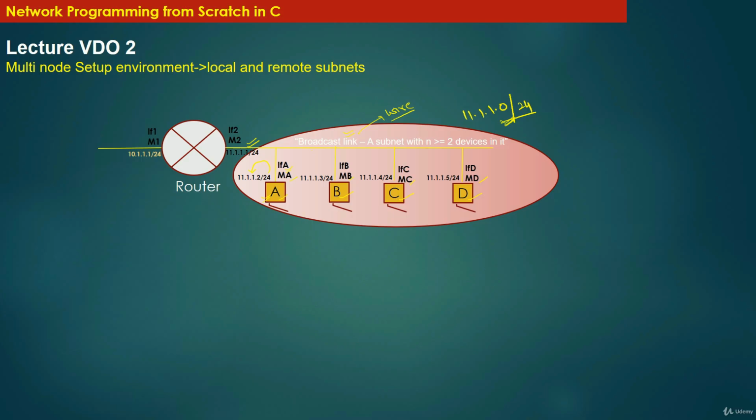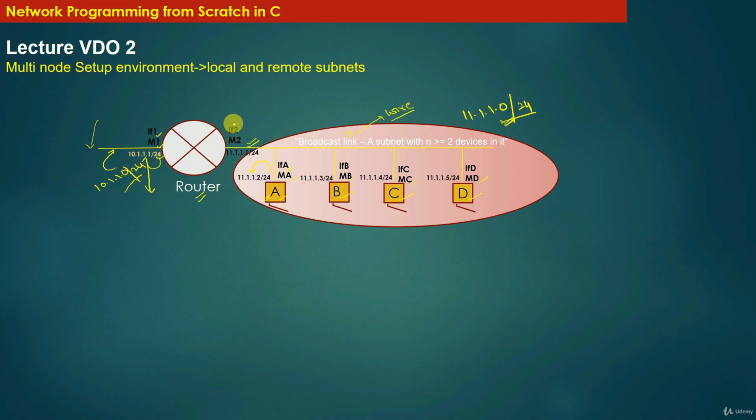Is there any other subnet in this diagram? Yes, the other subnet is this. I have not shown you the rest of the topology on this side, but you can see that the router has another interface IF1 which has MAC address M1 and IP address 10.1.1.1/24. If you apply this mask value on this IP address, you will get 10.1.1.0/24, which is the subnet ID or network ID of this link. So the thing to note here is that for a router, each interface lies in a different subnet.